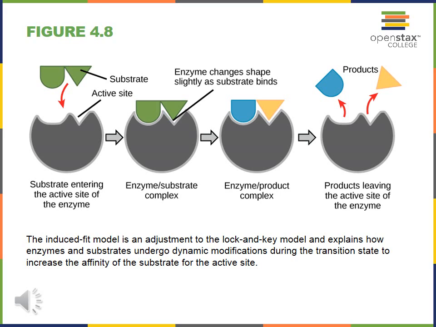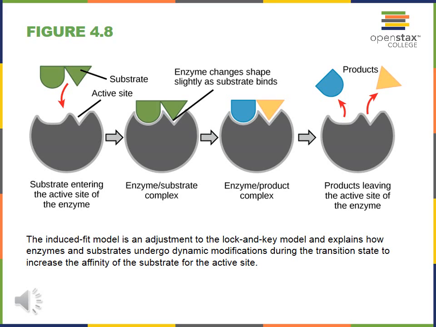So a half circle and a triangle will land on this active site on the enzyme. The enzyme will morph in such a way that it will nicely curve around and make a deeper indentation to fit that deeper half circle and make a sharper triangular area for the triangle. And now in that second picture there, you've got a nice lock and key mechanism happening.